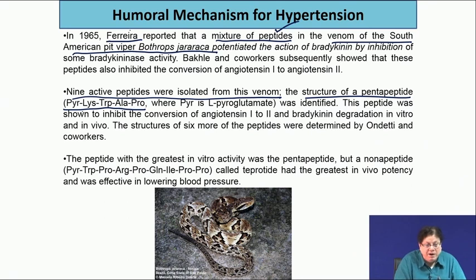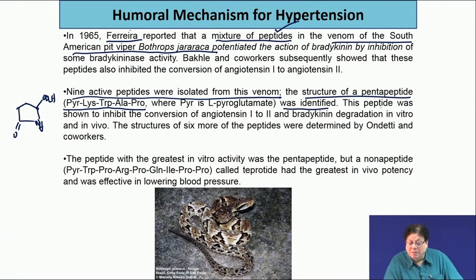PYR is what is called pyroglutamic acid. Glutamic acid which is cyclic is pyroglutamic acid. So, pyroglutamic acid, lysine, tryptophan, alanine, proline, this pentapeptide was identified.